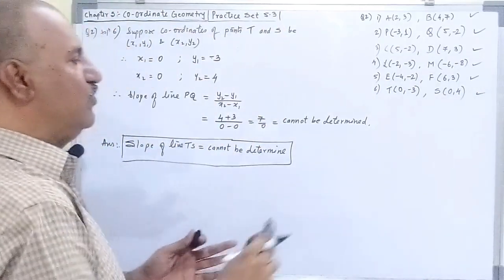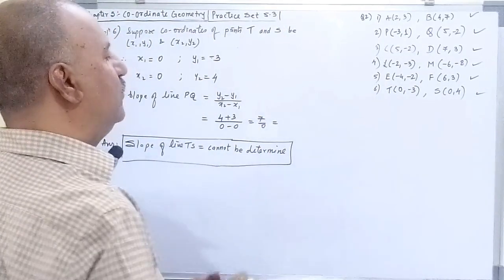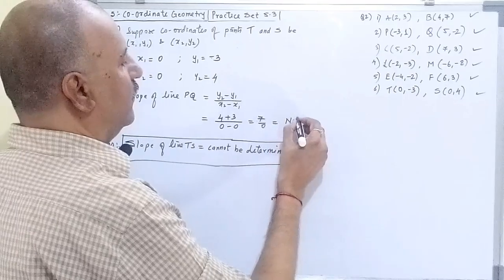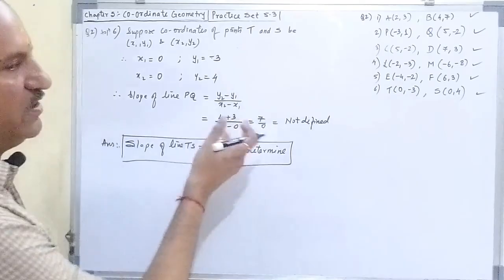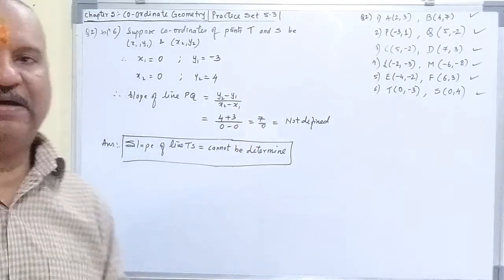So write here, if you don't want to write this, write here: not defined. This value is not defined, hence cannot be determined.